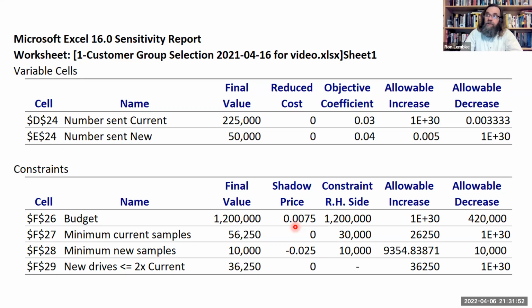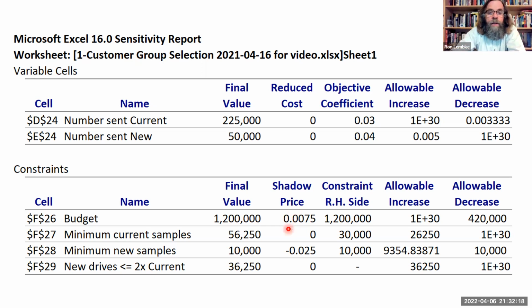So every additional dollar we spend results in 0.0075 more cars being sold. So the shadow price is not in terms of dollars here because our objective function is not in terms of dollars. Our objective function is the number of cars sold. So this tells us how much the objective function would change if we had more of this constraint.